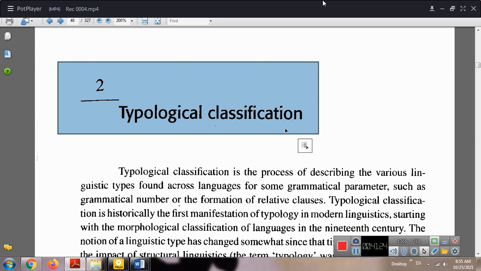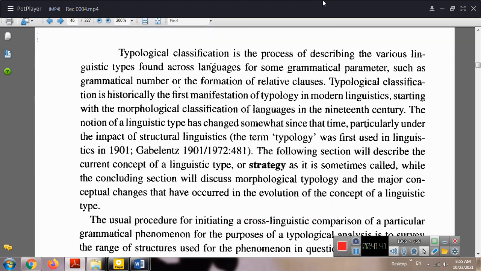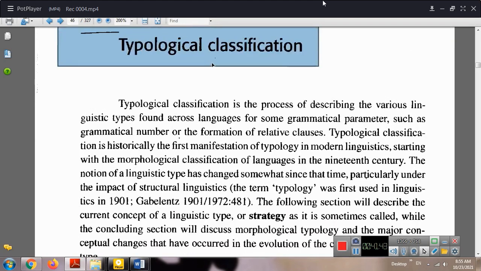We define it and we explain its parts in detail. Now in this chapter, we will read about the way of classifying the typology. I read about one or two paragraphs of this chapter.